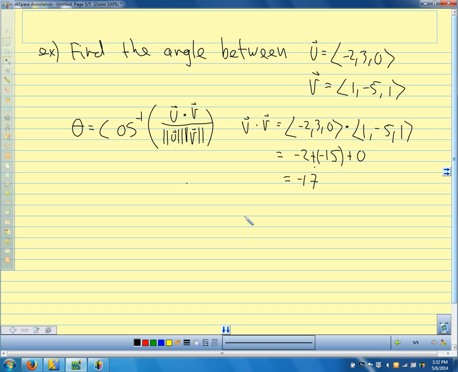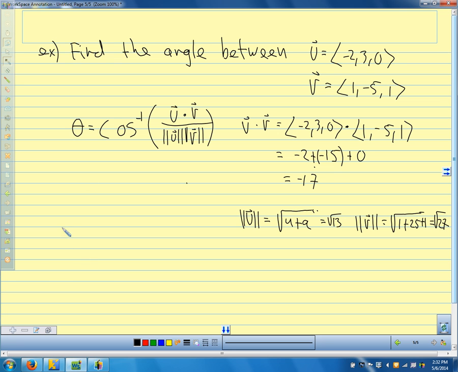And then let's find our magnitudes. The magnitude of u is the square root of 4 plus 9, so we get the square root of 13. And the magnitude of v is the square root of 1 plus 25 plus 1. We get the square root of 27.